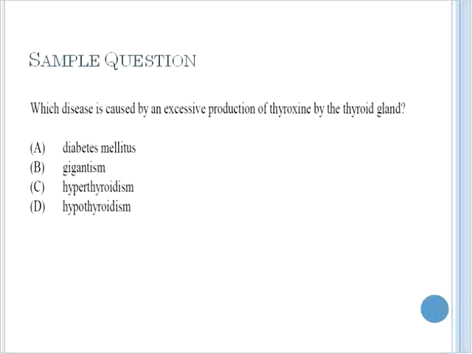This provides an example of a type of question you may very well see on your public exam. The question is, which disease is caused by excessive production of thyroxine by the thyroid gland? The key words here, excessive production. Too much.